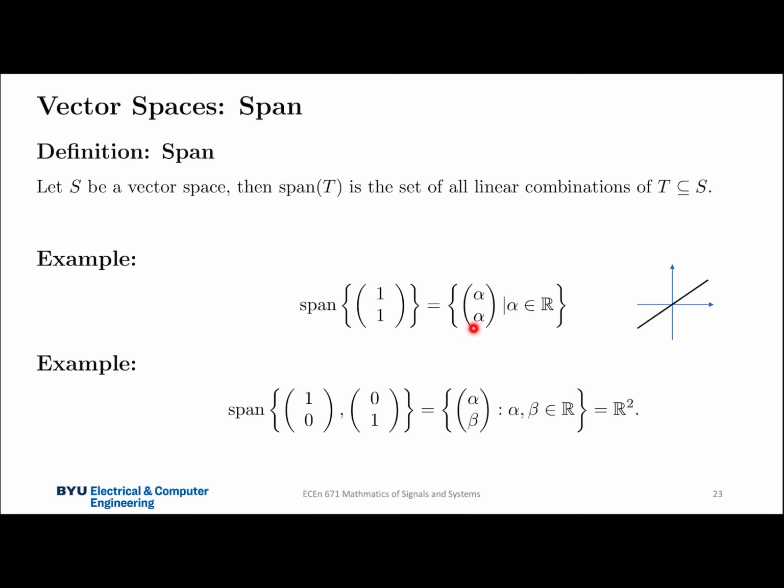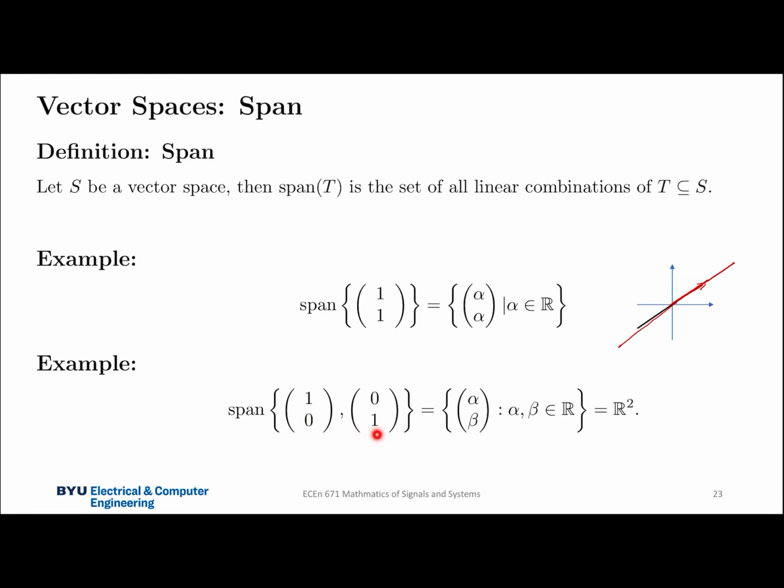This means this is the set of all vectors that look like (alpha, alpha), where alpha is a real number. So it's going to be this line, because this is (1, 1), and then I scale it by alpha and get everything in this line. So that's the span of (1, 1).